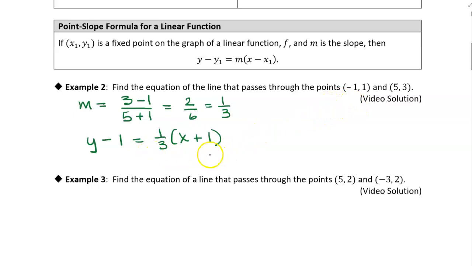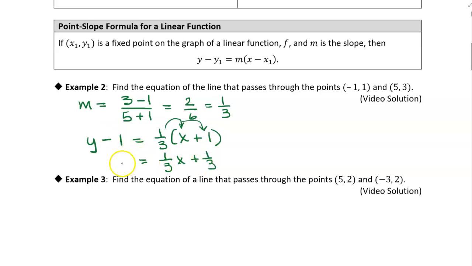This is a perfectly fine formula for a linear function, but sometimes it's nice to have it in slope-intercept form. So let's arrange this into slope-intercept form. I'm going to distribute this 1/3, and over here I'm going to get 1/3 x plus 1/3.